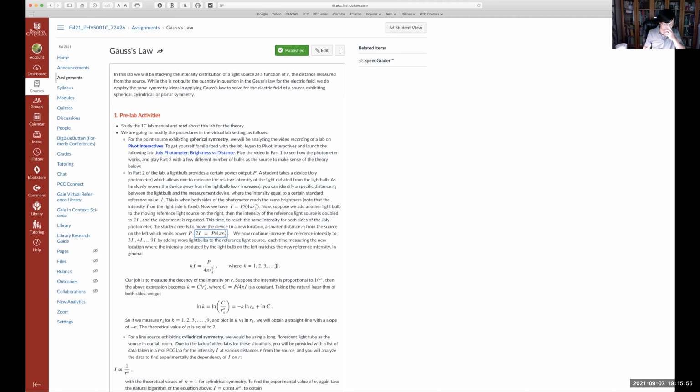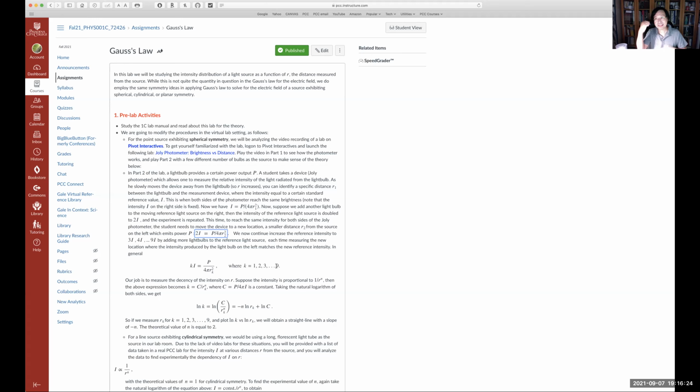How do you define intensity? As you recall from physics 1B, intensity is power intercepted per unit area. So suppose I have a point source of light. It emits power in all directions uniformly because it's just a point. There's no structure, so it's got to be spherically symmetrical.